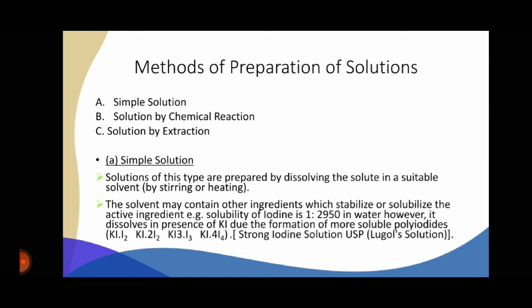The solvent may contain other ingredients which stabilize or solubilize the active ingredients. For example, the solubility of iodine is 1 in 2950 in water. However, it dissolves in the presence of potassium iodide due to formation of the more soluble polyiodide.